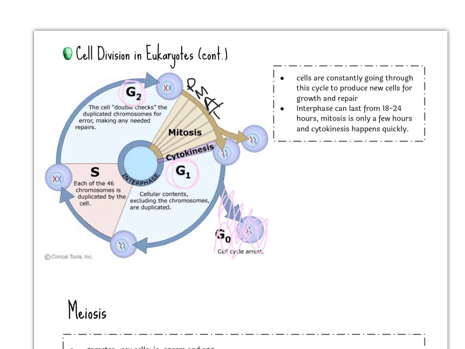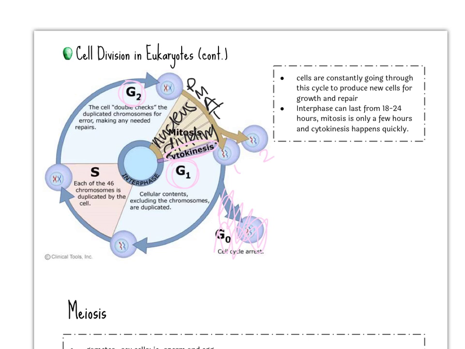I'm going to write that because it's super important. Nucleus is dividing. And then we hit cytokinesis. And that's when the cell finally splits into two. So if you look, because the cell split into two, we end up back with the same number of chromosomes as we started with. Okay?